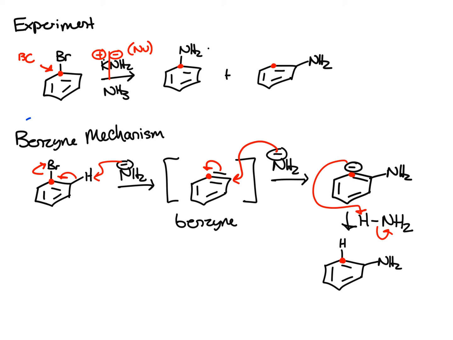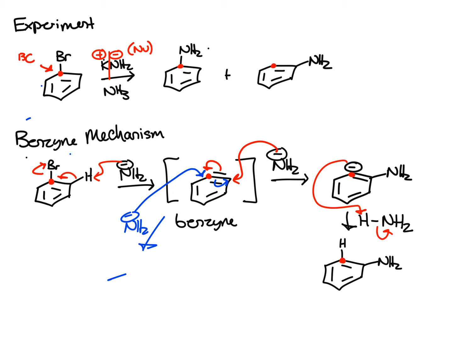Now it's also possible, and equally likely, that instead of attacking the carbon adjacent to the isotopically labeled carbon, it could attack the labeled carbon.